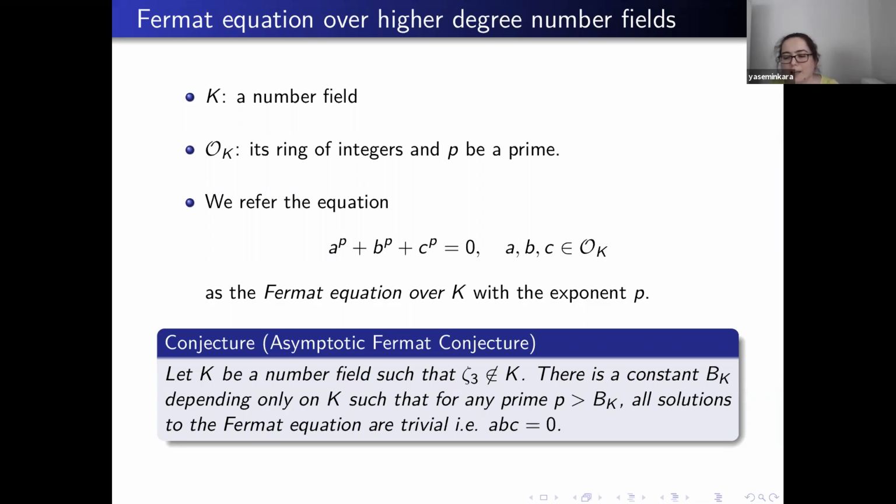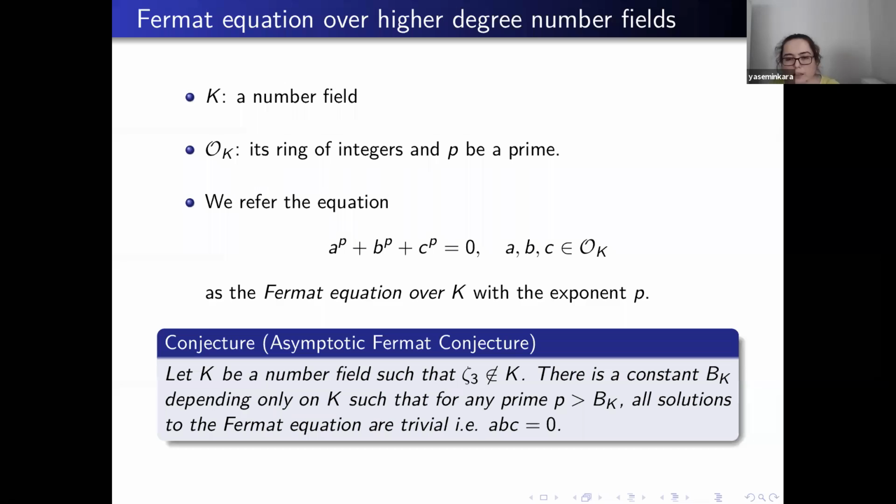Because if it is in K and if p is not 3, then you can see that 1 to the p plus zeta 3 to the p plus zeta 3 to the 2p satisfies the equation. So we have to exclude number fields such that the third root of unity is an element of K.